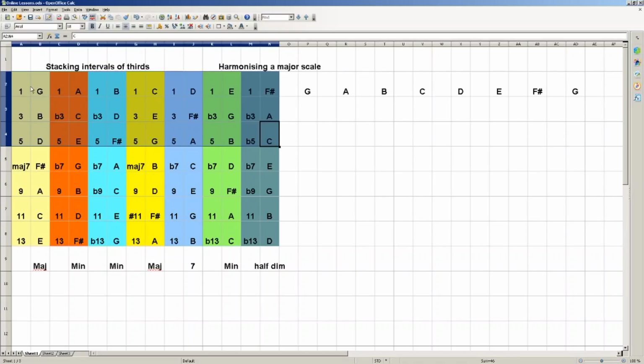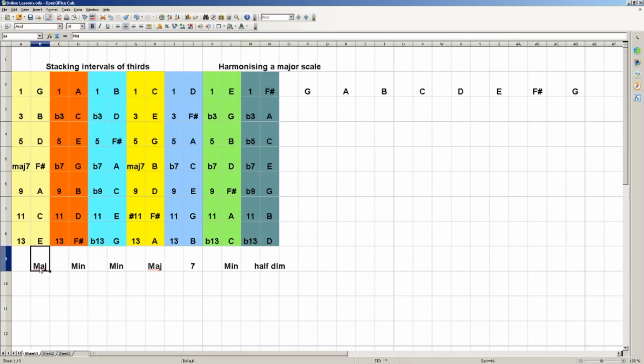In that case, since we have 1 3 5, 1 flat 3 5, 1 flat 3 5, 1 3 5, 1 3 5, 1 flat 3 5, 1 flat 3 flat 5, this progression reads major, minor, minor, major. This reads as major, and the reason is because you're only going all the way to the 5th. You're not adding the flat 7, hence it is a major triad.